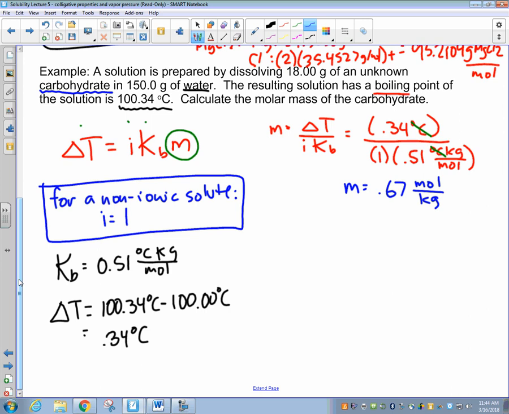Now once we know that molality, again, by definition, recall that molality is equal to the moles of solute divided by the kilograms of solvent.